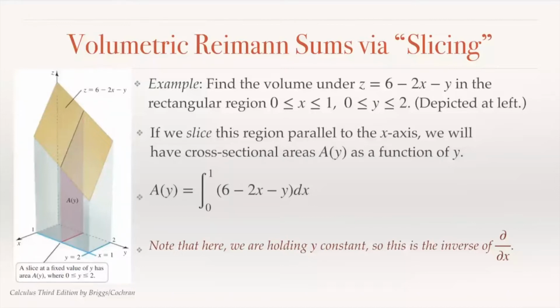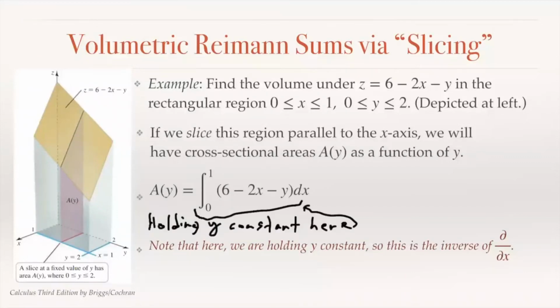We're holding y constant and integrating from x equals 0 to x equals 1 of the height. The integral of this, dx, will be 6x minus x squared minus xy, evaluated between x equals 0 and x equals 1.